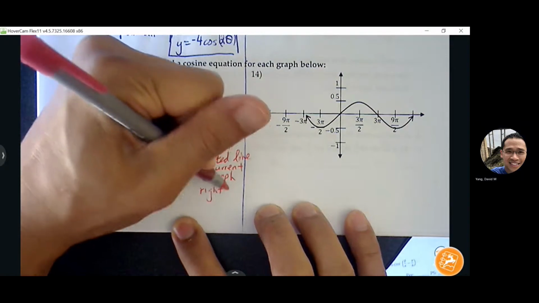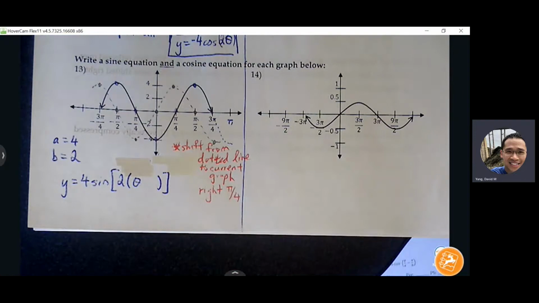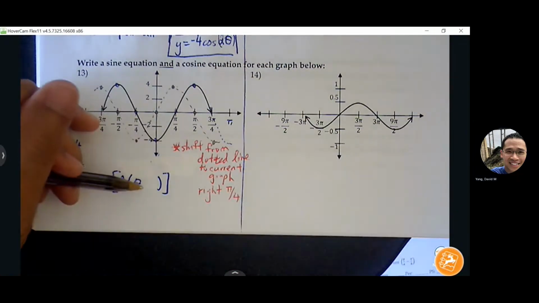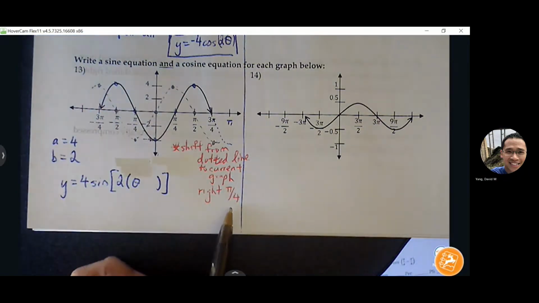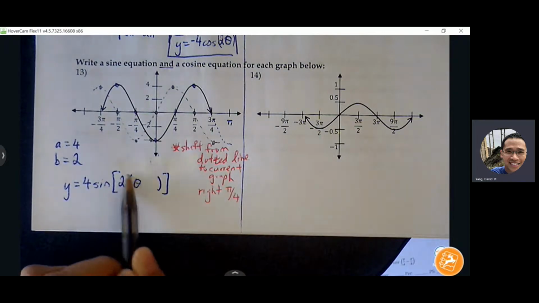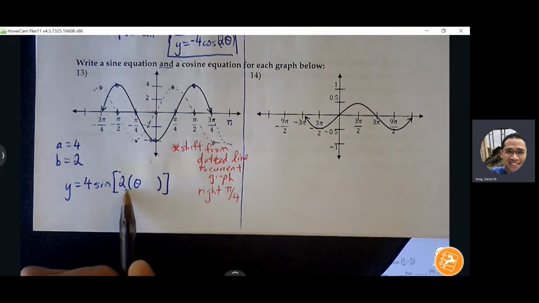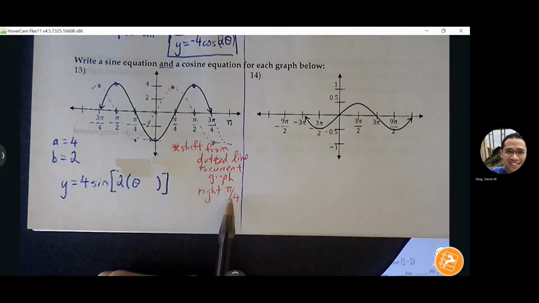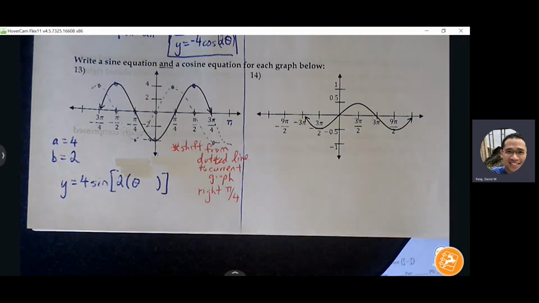Right pi over 4. Now, how do we adapt right pi over 4 in terms of the equation? Well, this is already factored out, so we're okay. We don't have to make any adjustments. We subtract because we want to go right, opposite, right?